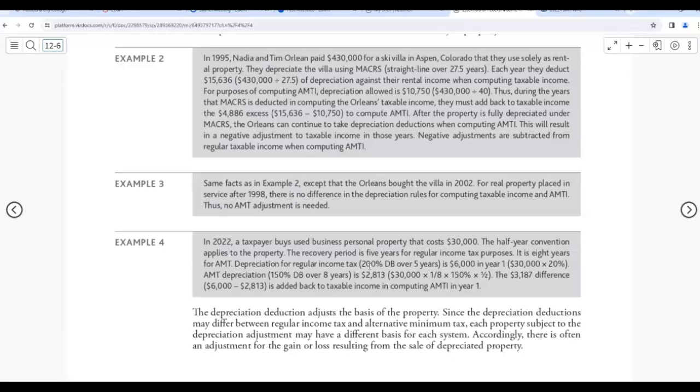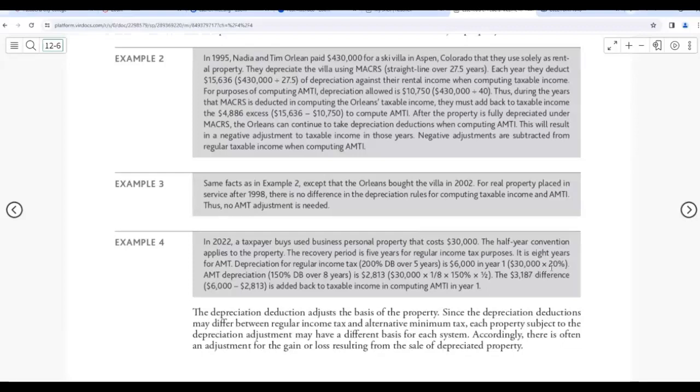Depreciation for regular income tax, 200% double declining over 5 years, is $6,000 in year one, which, if you look at the table, is $30,000 times 20%. And why is it 20%? Because it's the half-year convention. Remember? First year, it's the half-year convention.